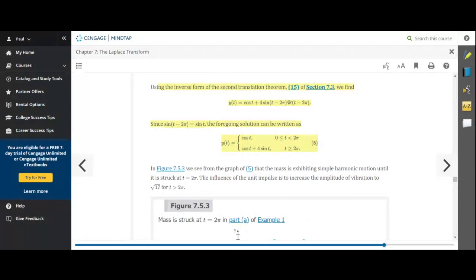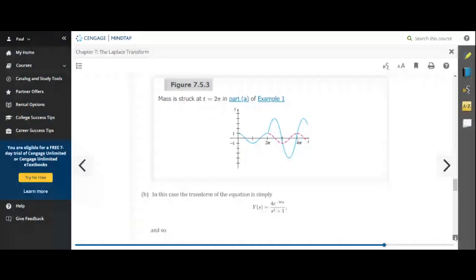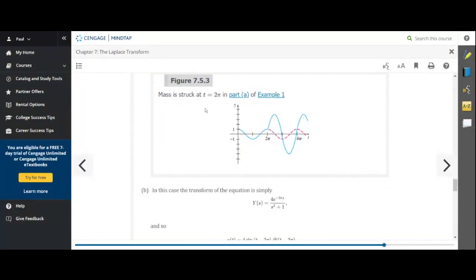And if we look at the graph of this solution function, this is the graph here. This is the graph of our solution to this differential equation.